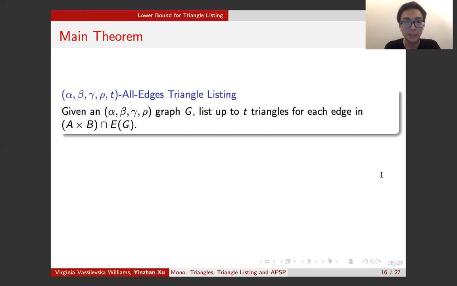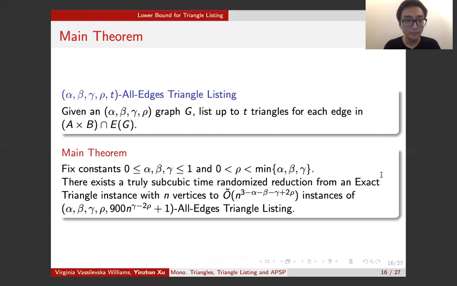Given an alpha beta gamma rho graph G, the alpha beta gamma rho T all-edges triangle listing problem asks us to list up to T triangles for every edge between part A and part B. Here, up to T triangles means that if some edge is in at most T triangles, then we need to output all the triangles this edge is in. Otherwise, we can just output an arbitrary set of T triangles this edge is in.